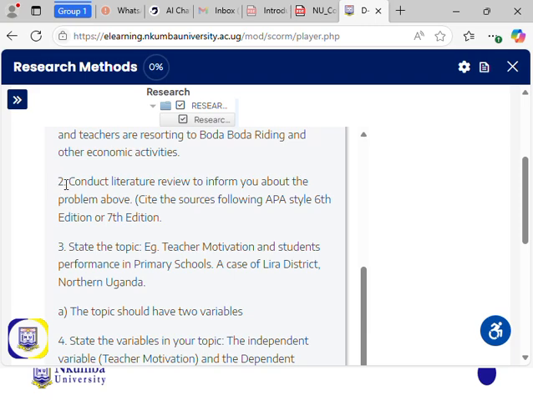Then after the research problem has been identified, review literature about it. If it is teachers' remunerations here, then read about those people who have written about the same problem and see which approaches and solutions they have come up with, and see whether those solutions actually apply in that community to solve the problem.